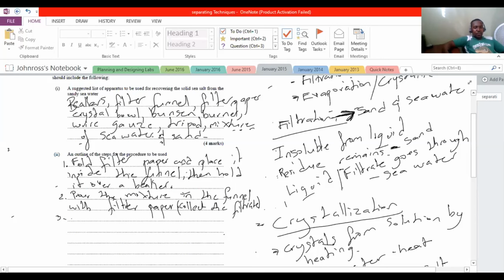Step three is to light the Bunsen burner. But you don't tell them to put the stand and the gauze and everything. You can just say set up the Bunsen burner, the tripod stand, and gauze.